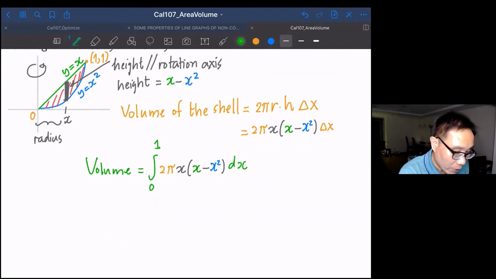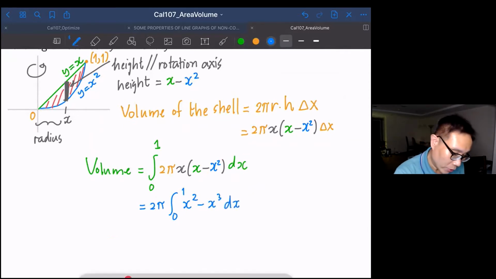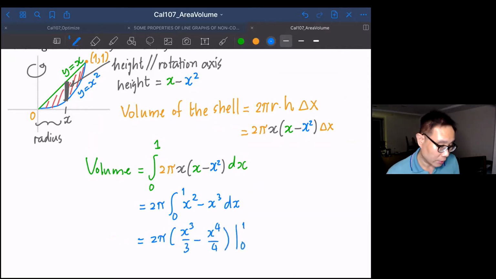So for this one, you get 2 pi outside, integrate 0 to 1, x times x is x squared minus x cubed dx. So it's going to be 2 pi, and you integrate x squared, you get x cubed over 3, x to the 4th over 4, from 0 to 1.